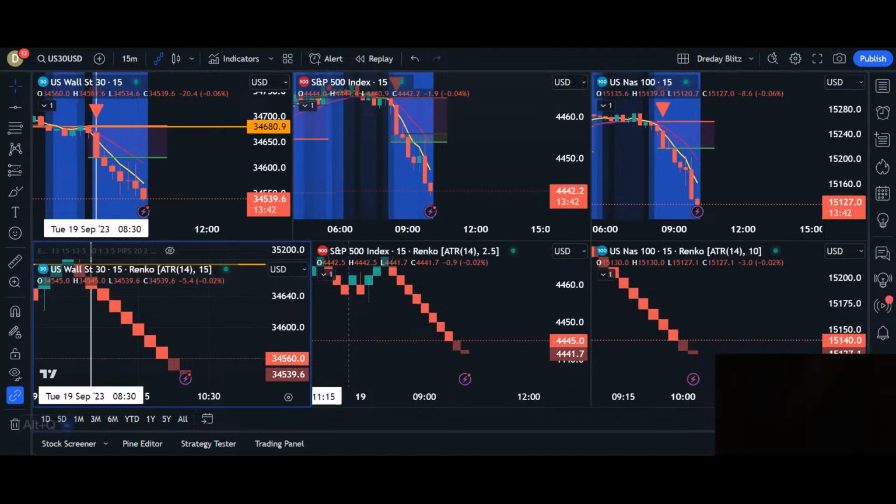So as long as the Renko bars are not reversing, we're keeping our position in the downside, in the bearish movement. So we're still looking for a downside movement overall for the rest of this session and for the rest of the day.